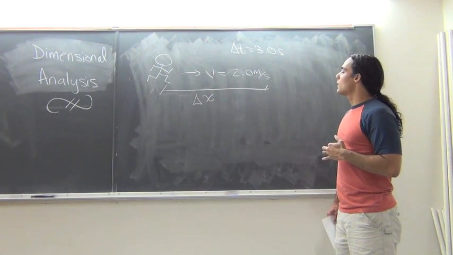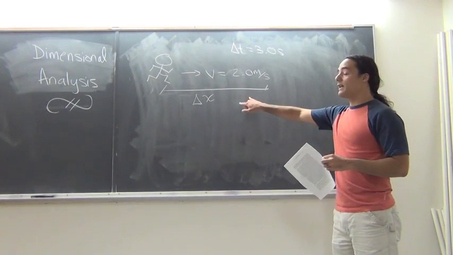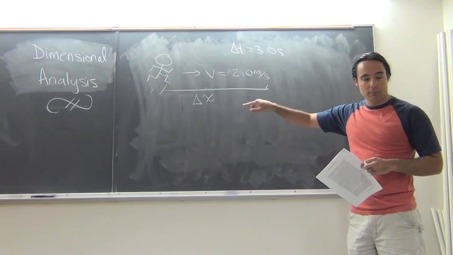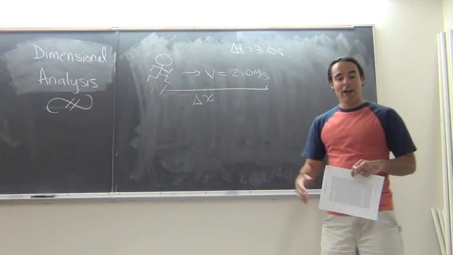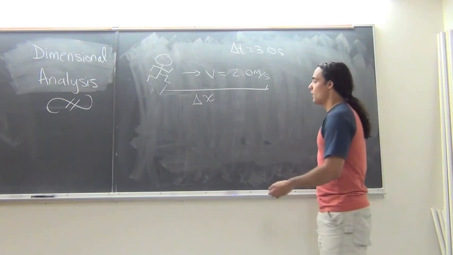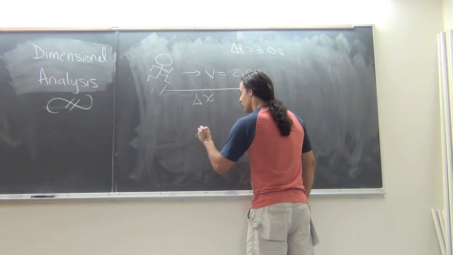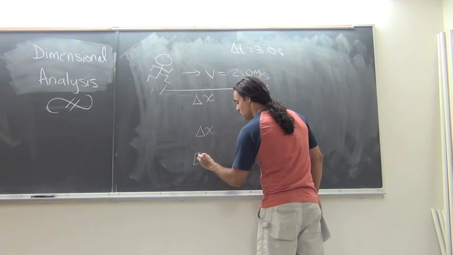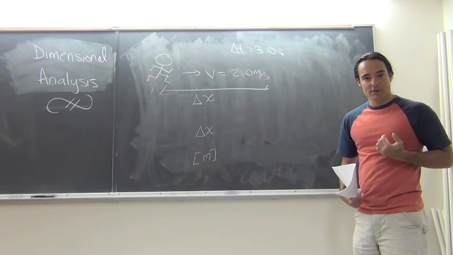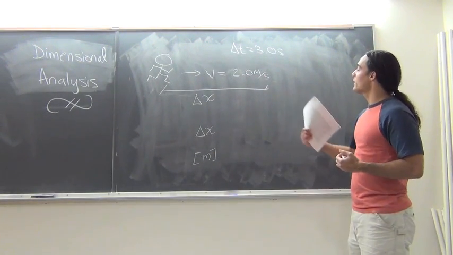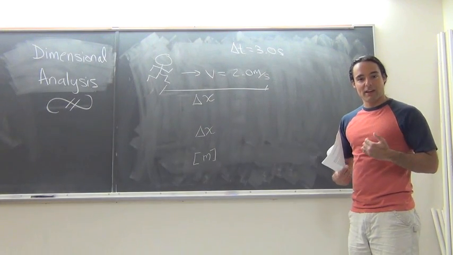Well, clearly I want to get units of meters because I know delta x is a distance and I measure distance in meters. So I want delta x, which again is in meters. And let's say I want to come up with an equation for that delta x. Well, looking at this, I know I have to make this dimensionally consistent.